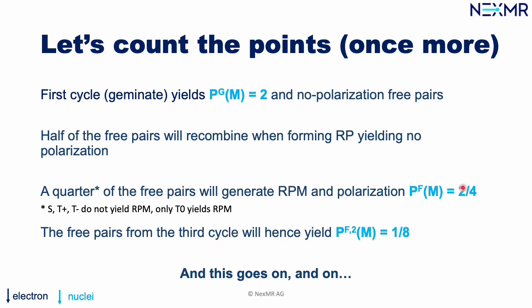So 2 divided by 4 times 1/4, and this is 1 divided by 8, so 1/8. So you see that we keep adding up again and again a little bit of hyperpolarization, and those cycles take a few microseconds. So usually we say that in around 100 microseconds all those cycles are completed.